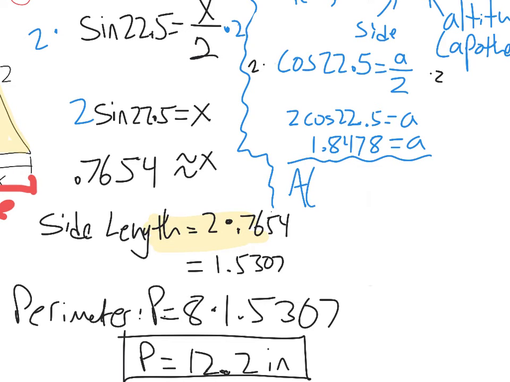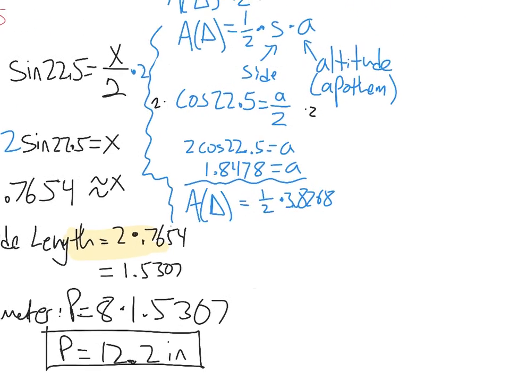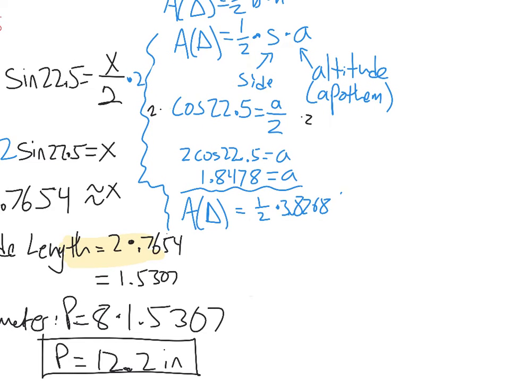It's useful to note, like I'm doing there, triangle, because we haven't talked about the whole polygon yet. So we have 1/2 times the side length, which is 3.8268, times the altitude, which is the number we just found, 1.8478. Okay, that's going to give us the triangle.